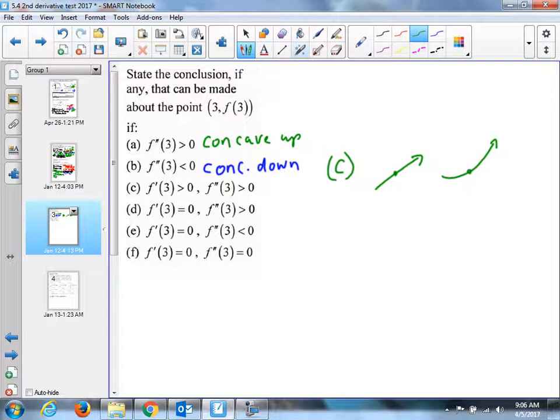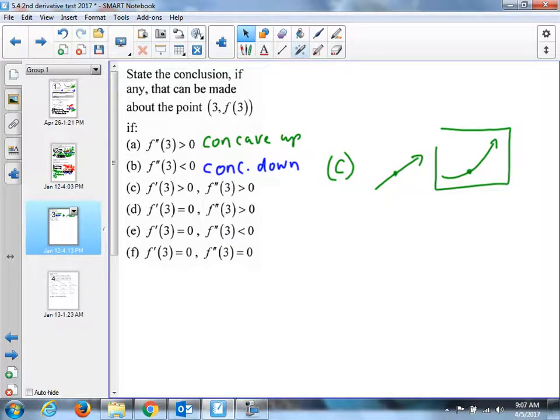Do you guys follow me? This is sort of what I'm thinking of there. I don't know where, it could be at 5, it could be at negative 12, but it's going to have that shape. Do you guys all follow me on this? That's sort of what I'm looking at. It's not necessarily a max or min.